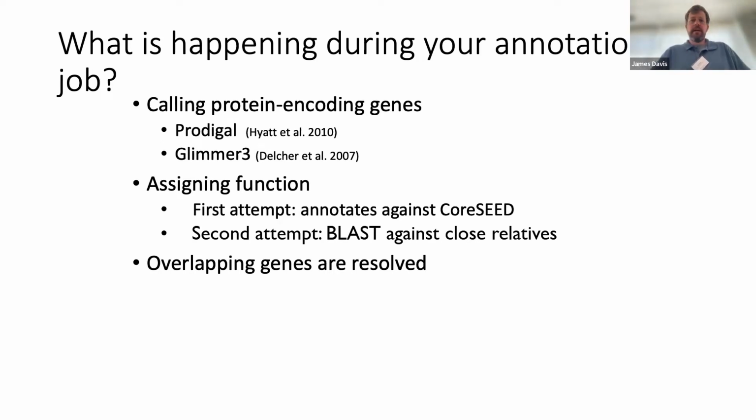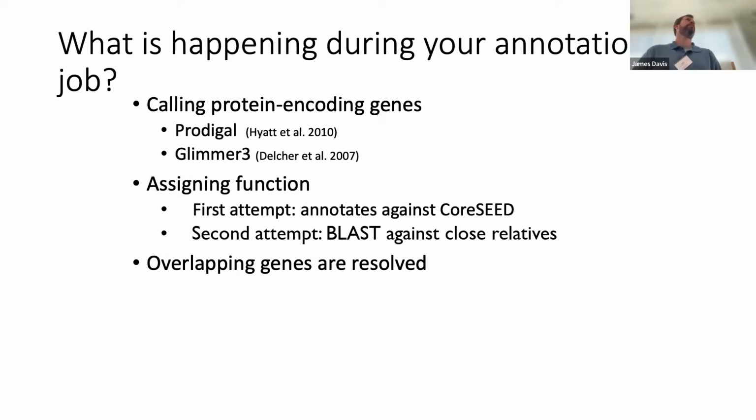Then finally, the next step is that it will take all of the open reading frame calls and resolve any overlaps. This is an optimization scheme that attempts to place all of your proteins, as if it were a circle, around the genome without having very many overlaps, unless they're absolutely required.